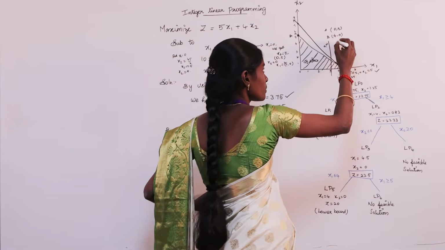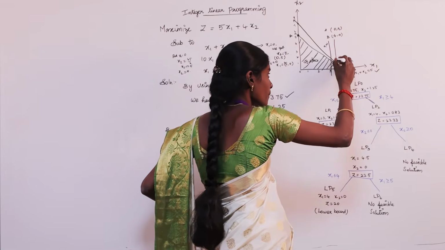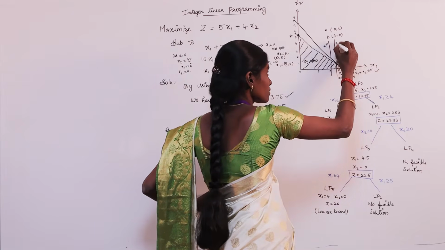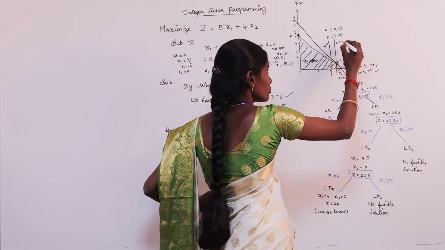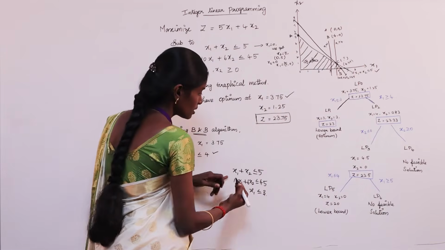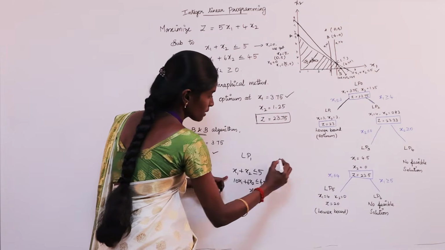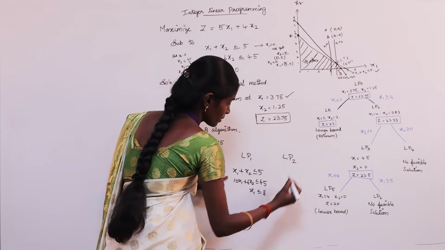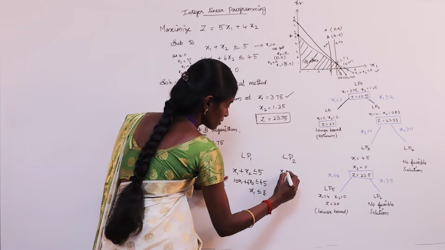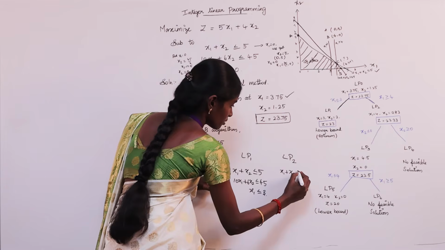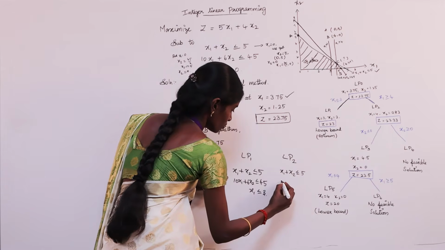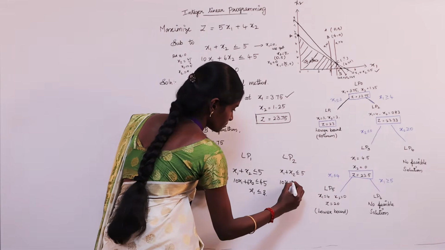For LP2 space, we have x1 greater than or equal to 4. This is for LP1 space and this is for LP2 space. In LP2 space, we have the same first two constraints.